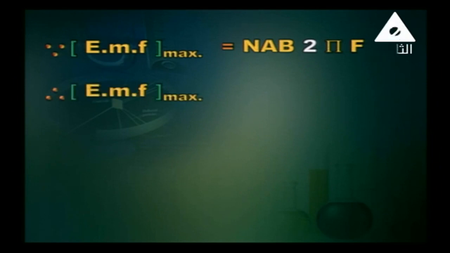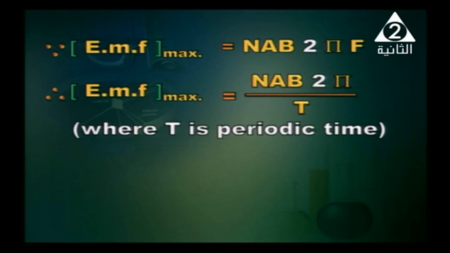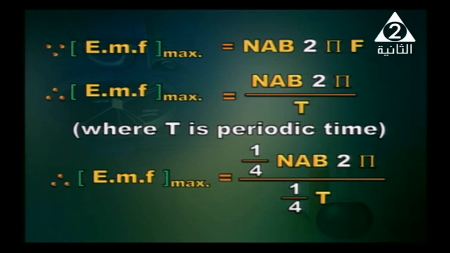So EMF maximum equals NAB 2 pi over T, where T is the periodic time. Okay, we'll do something a little bit strange. The numerator and denominator are multiplied by 1 over 4. So 1 over 4 NAB 2 pi over 1 over 4 T.